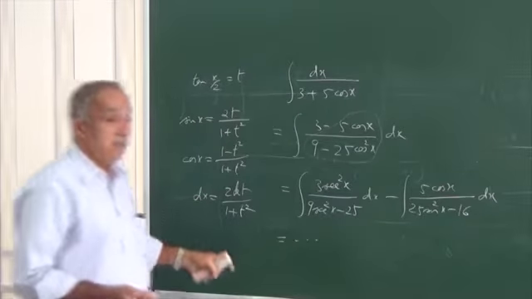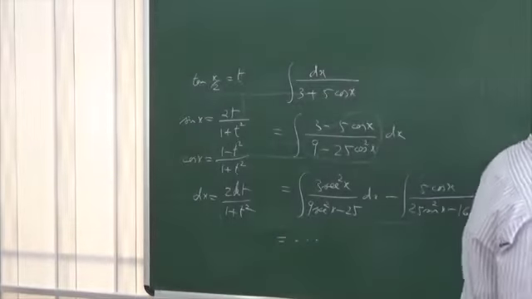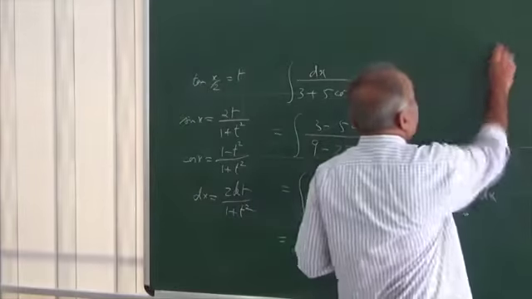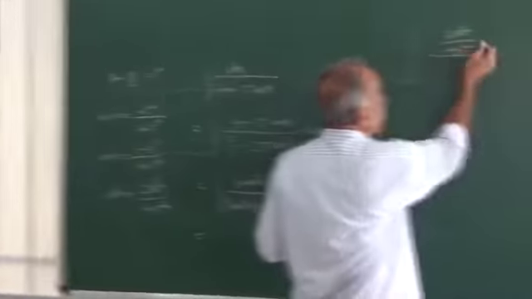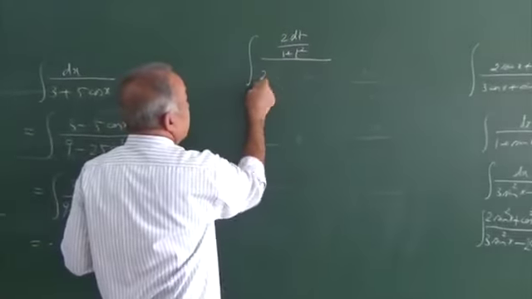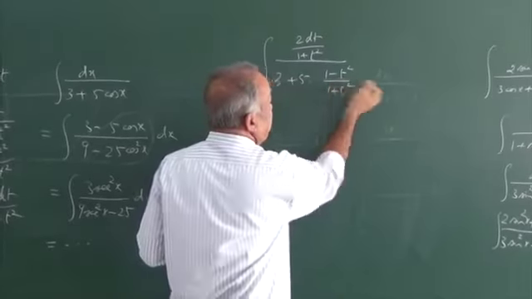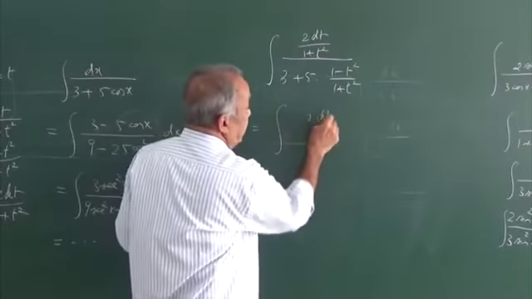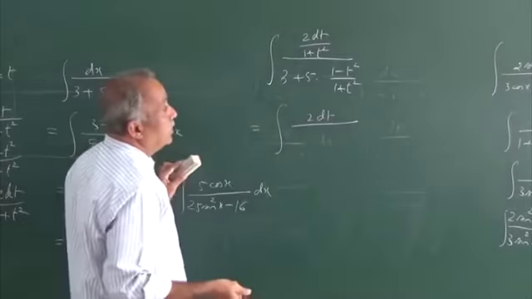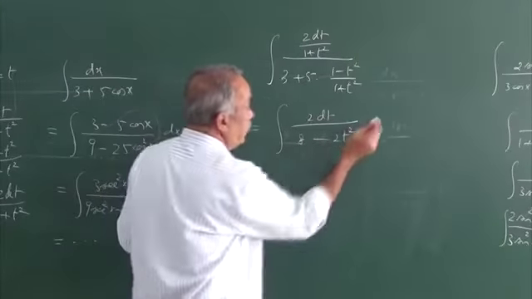When you implement this substitution, integral becomes 2 dt by 1 plus t square by 3 plus 5 into 1 minus t square by 1 plus t square. Simplification is 2 dt by 3 plus 5, 8, 3t square minus 5t square, 2t square.